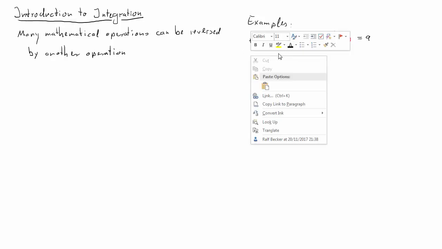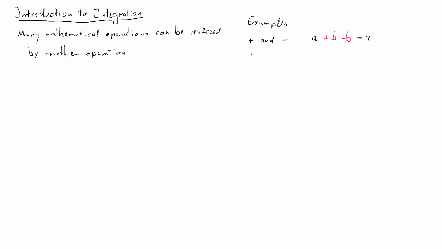So subtraction was the reversal of addition of b. Second, multiplication and division. Very similar to this first example. Let's start out with a constant a, and we'll multiply by b, and then we divide by b. And the result is again a. You need to know your algebra, but that's not a surprise.